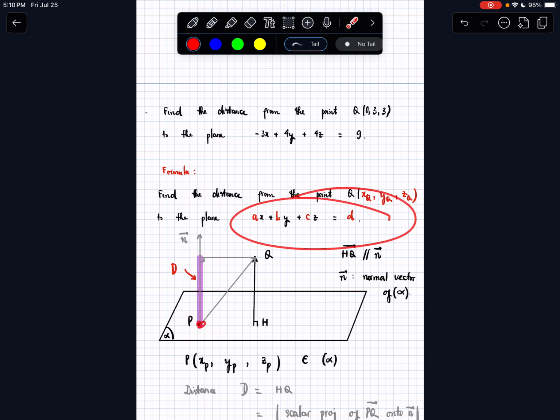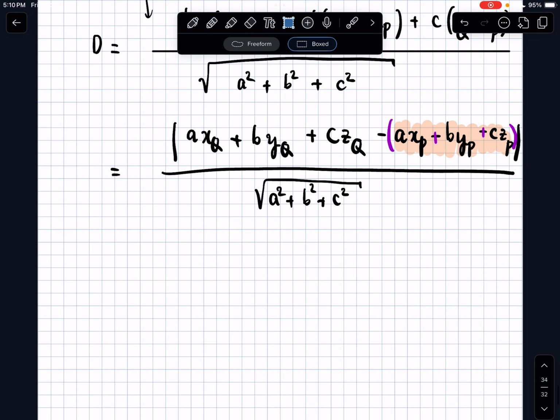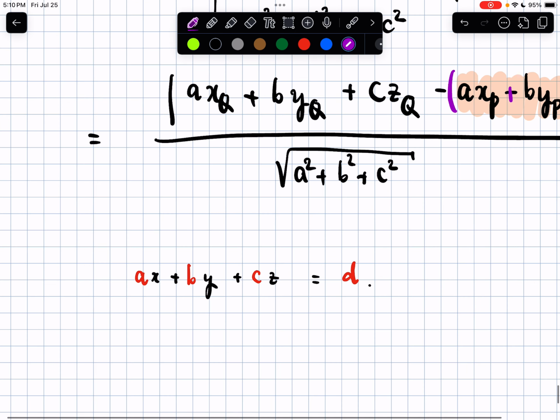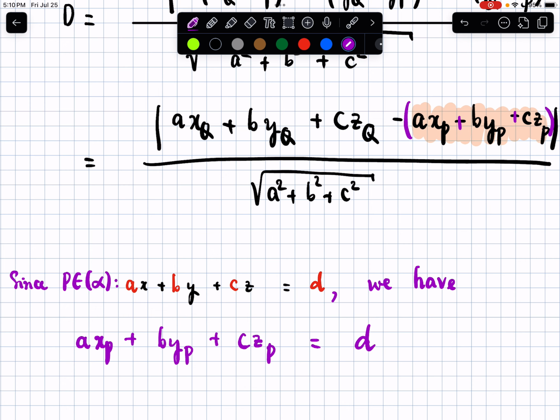So the coordinates of P need to satisfy the equation of the plane. So since P belongs to the plane alpha, this gives us that a xp plus b yp plus c zp equals d.